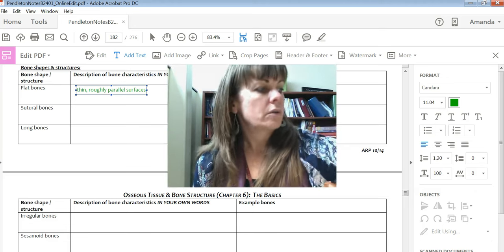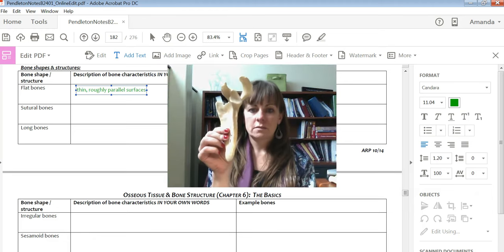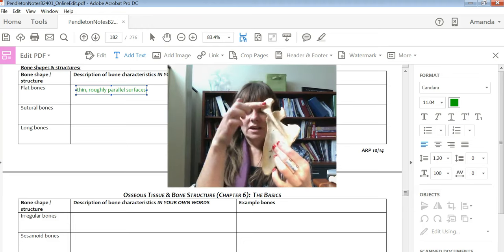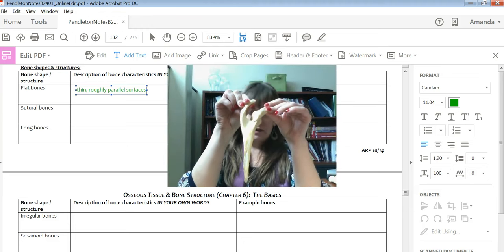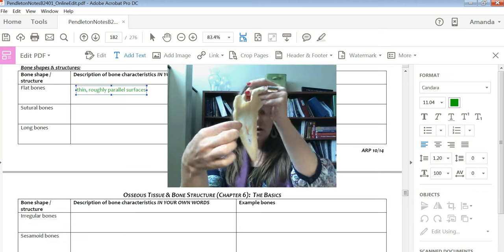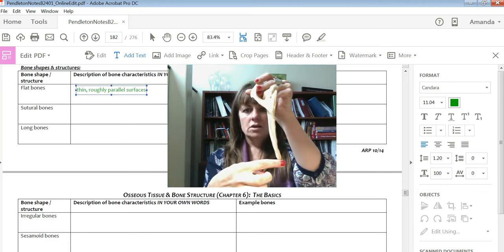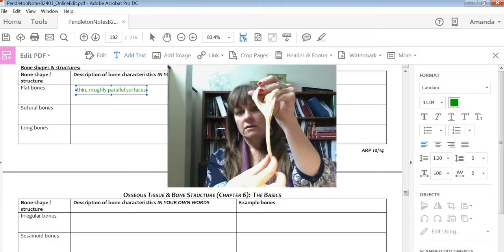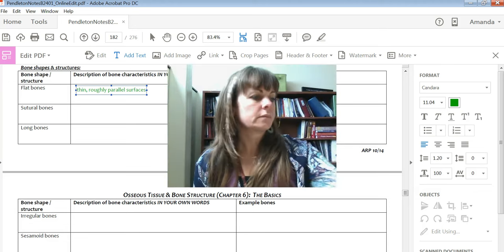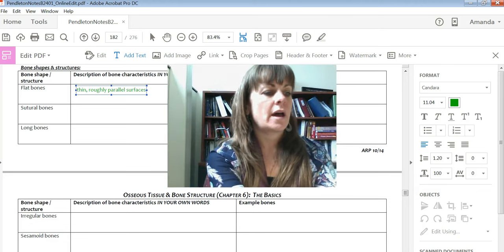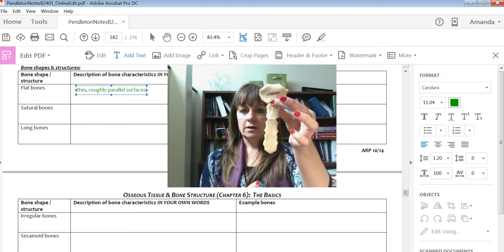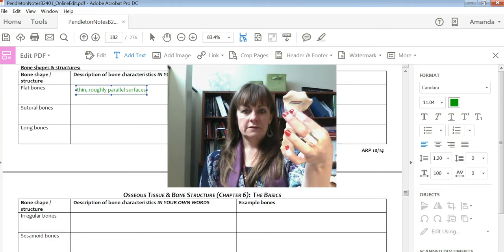Now, this bone here is a scapula, your shoulder blade. You may notice it's got these funky things on it, and you think, well, that doesn't look flat. But if you look at the majority of this large surface here, you see that most of it actually is flat. And so the scapula is considered a flat bone as well. Other flat bones: we have the sternum, your breastbone right here, which is very definitely flat.